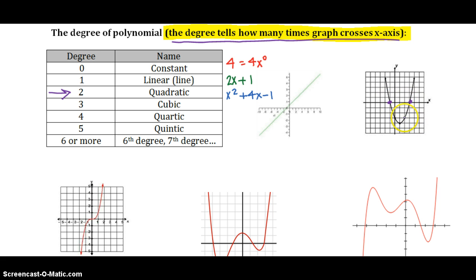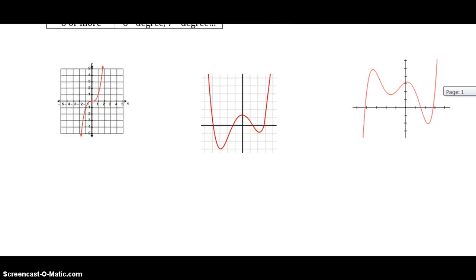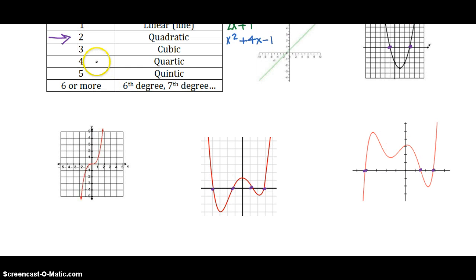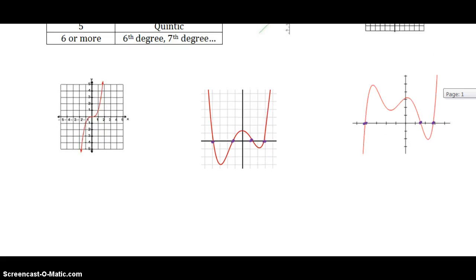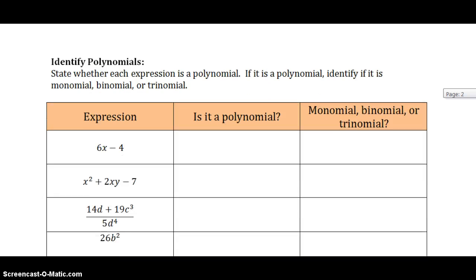It's going to cross the x-axis twice. Now, as you start going up into higher degrees, your graphs are going to get more and more complicated, and we're going to save that for your upper level math classes. But see, these crazy graphs are passing the x-axis more than twice. This one crosses the x-axis 4 times, so I know it's going to have a degree of 4. Okay, so again, we're going to be spending our time talking about quadratic equations in the next little bit.